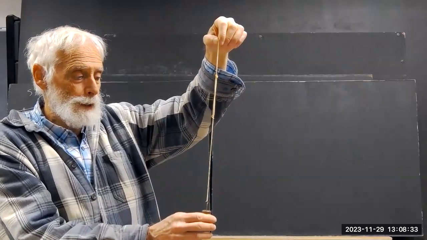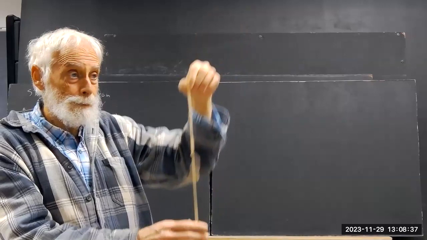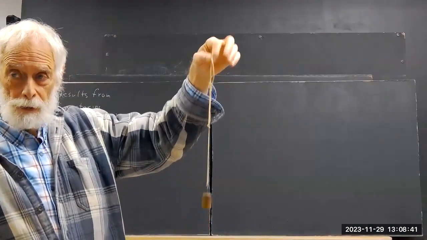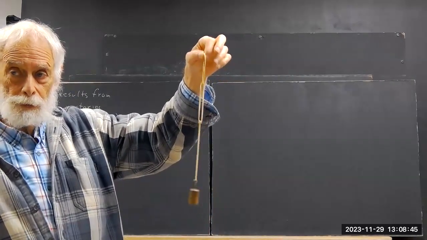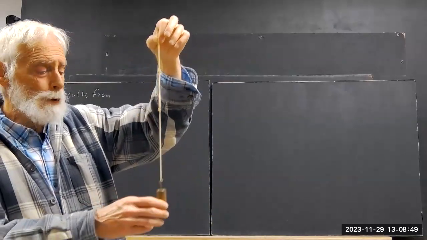If I pull this down, it rises and oscillates. I was actually helping it a little, trying to stimulate it at its natural frequency. Make sense? That's a simple harmonic motion.